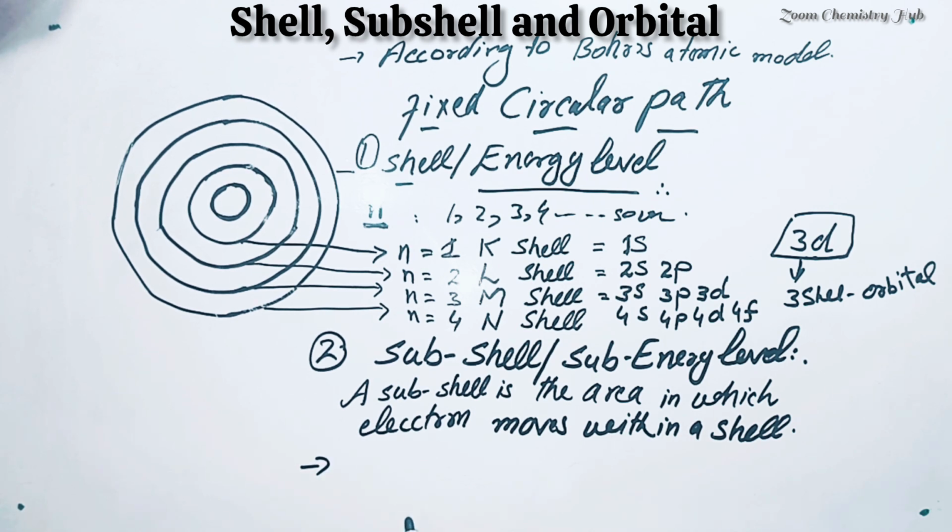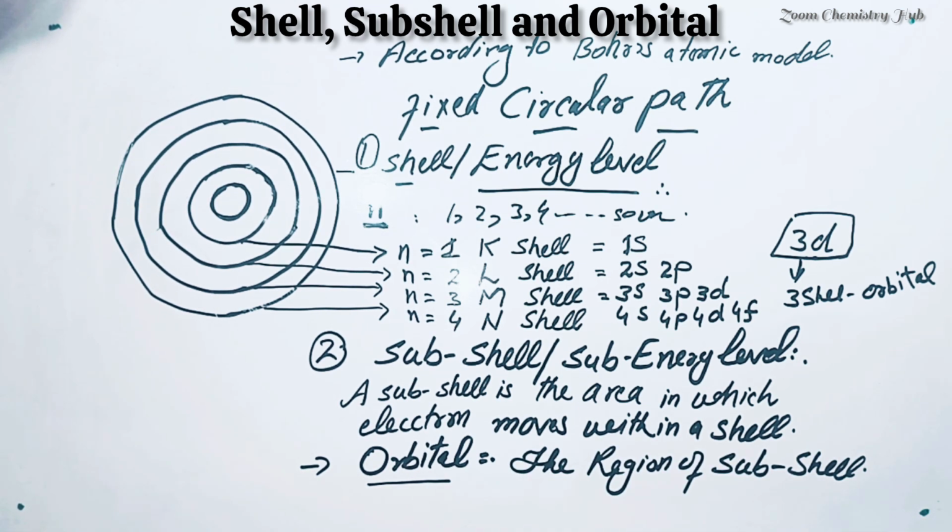And we can define an orbital as follows: orbitals are the regions of a subshell where the probability of finding the electrons is maximum.